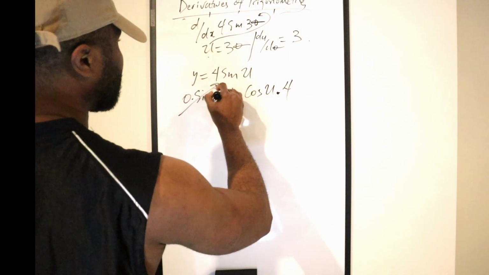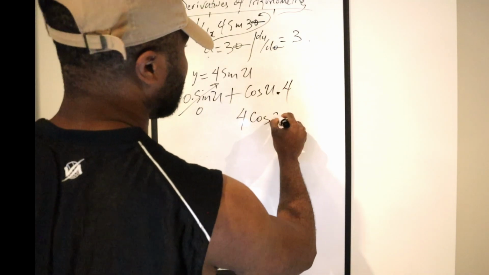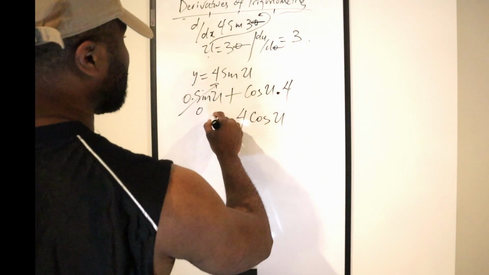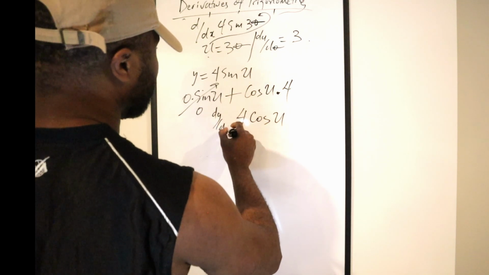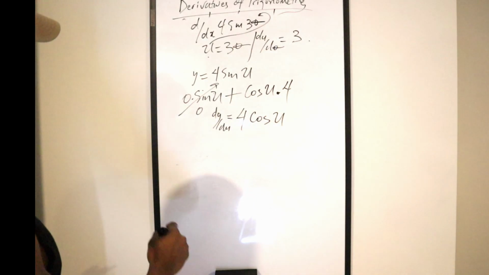So this is 0. So this is 4 cos u. So this is dy over du. So dy over du is this, but it's not done yet.